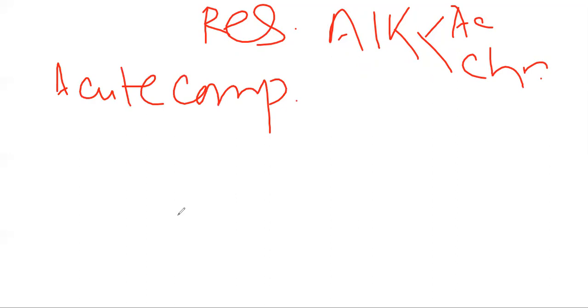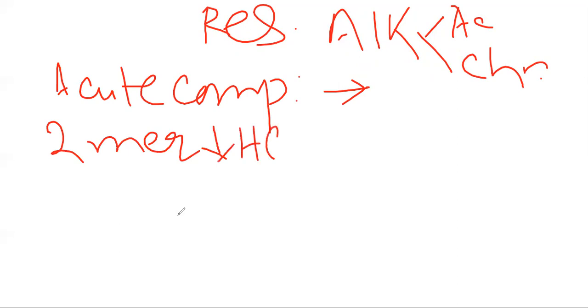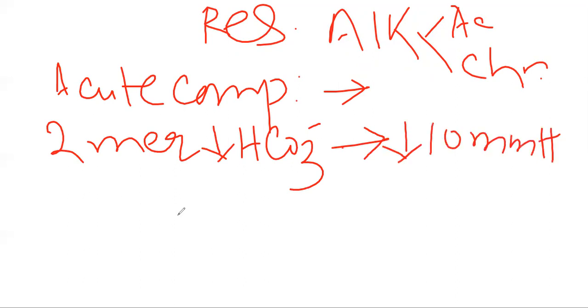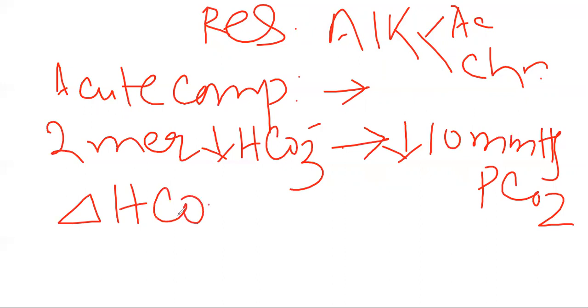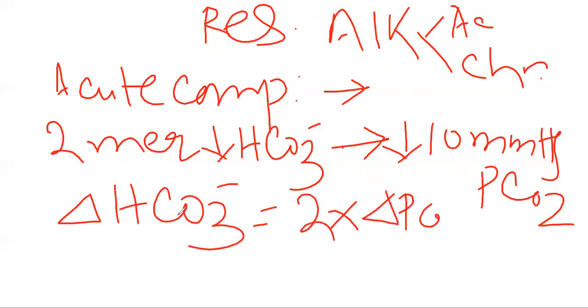it will be like this. When a 2 milliequivalent decrease in the bicarbonate occurs, that will lead to a decrease of 10 millimeter mercury in the partial pressure of carbon dioxide, and the equation should be delta bicarbonate is equal to 2 into delta PCO2 divided by 10.